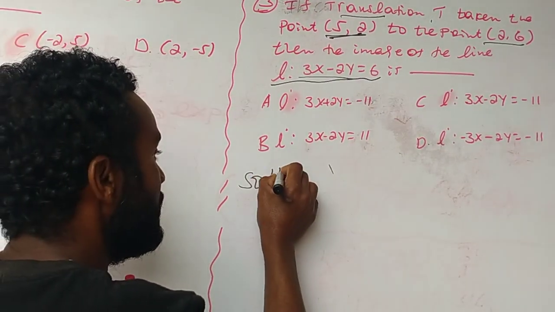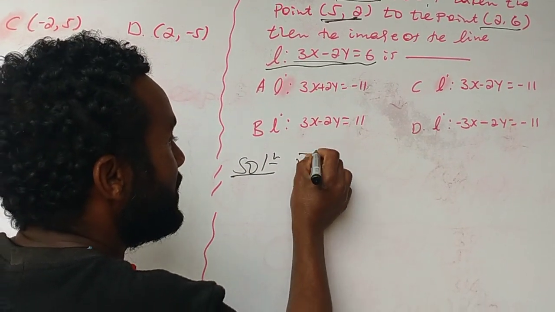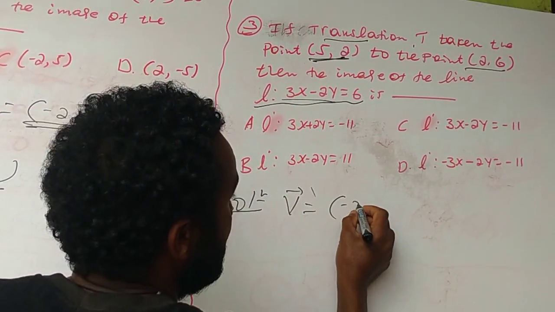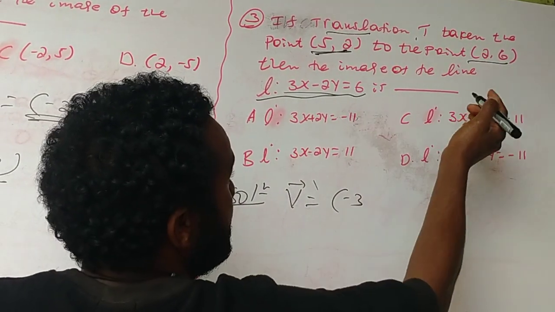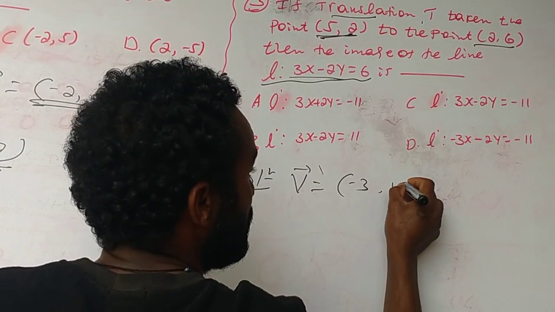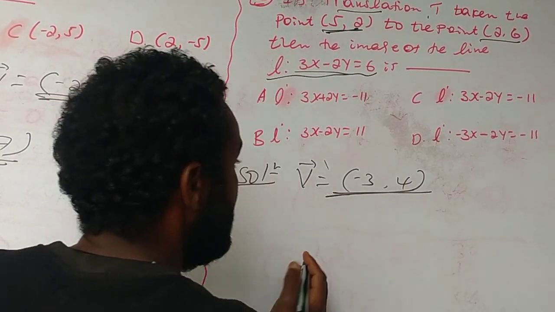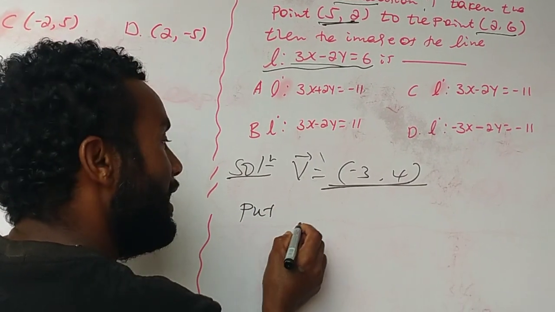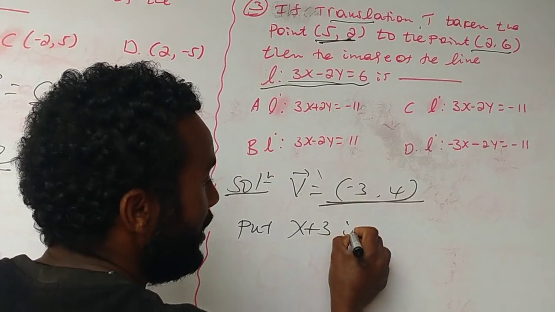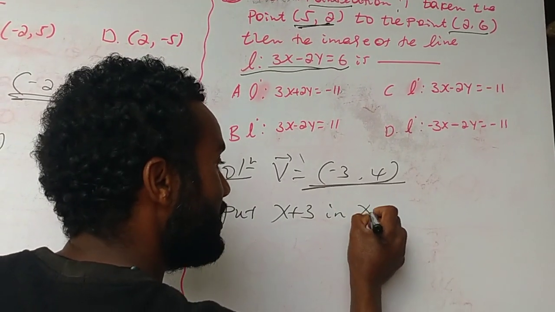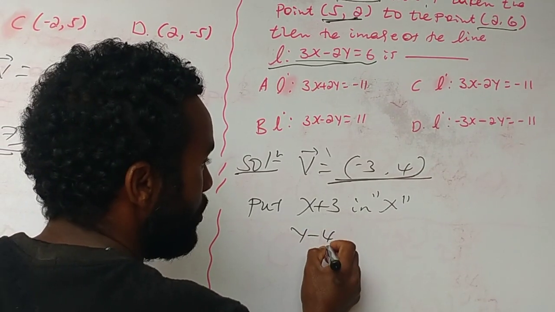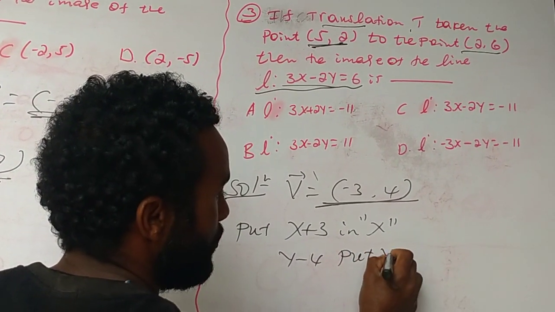First find the translation vector: 2 minus 5 is minus 3, and 6 minus 2 is 4. Then put x plus 3 in the place of x, and y minus 4 in the place of y.